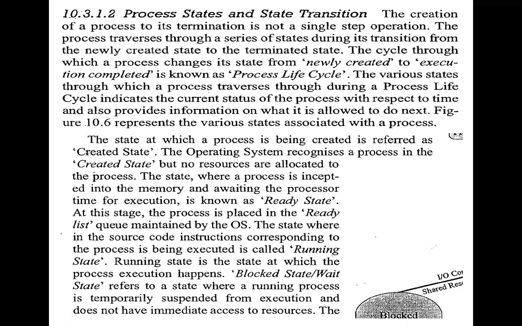The state where a process is loaded into memory and awaiting the processor time for execution is known as ready state. At this stage, the process is placed in the ready list queue maintained by the operating system.